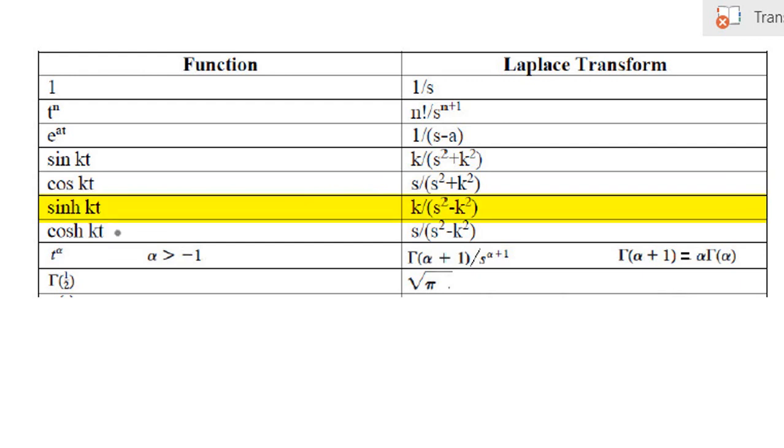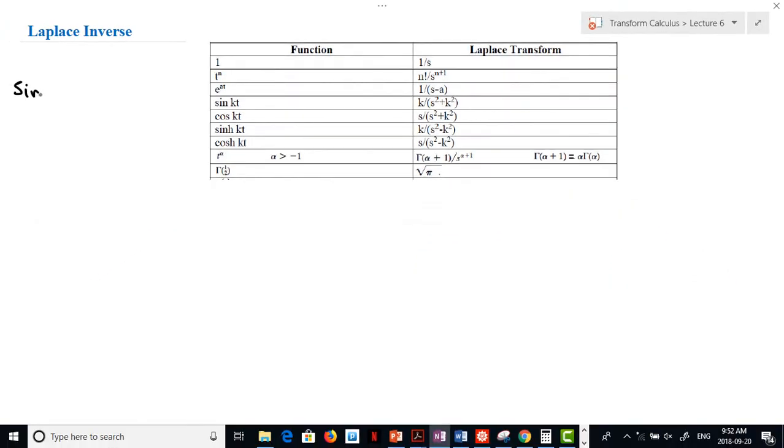Sine hyperbolic kt, we didn't talk about sine hyperbolic because, for example, sine hyperbolic of kt is equal to e to the power of kt minus e to the power of minus kt divided by 2.